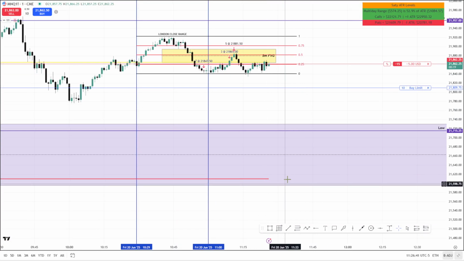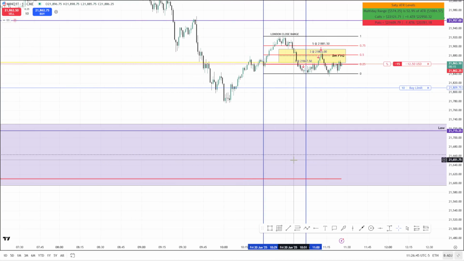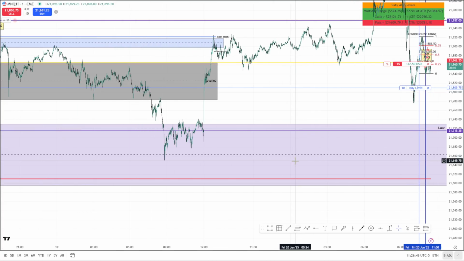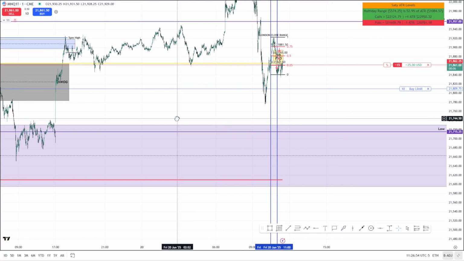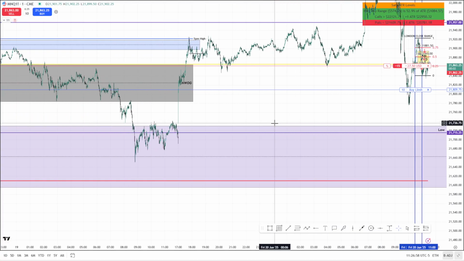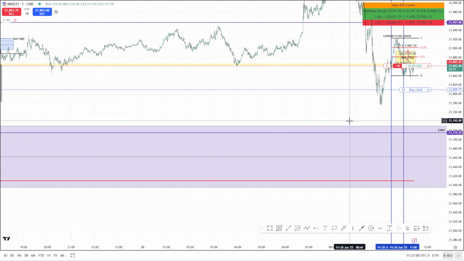Ultimately, I'd like to see price kind of come down to this put trigger down here. And that lines up with some lows down here. This would be a good target. This new day opening gap.